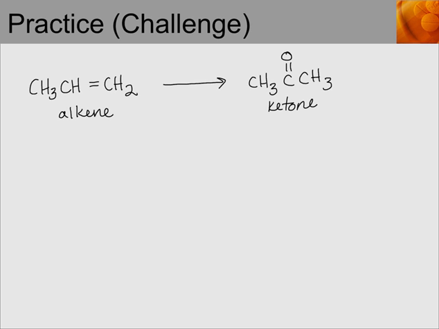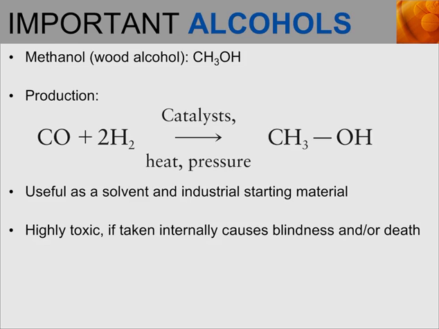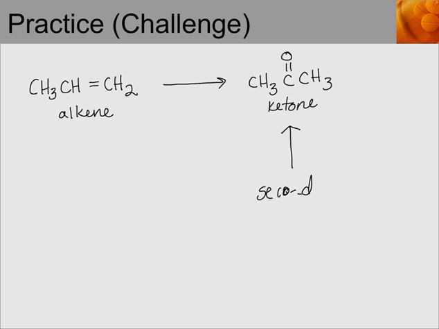Okay, so like we saw last time, to make a ketone, we're going to need a secondary alcohol, right? So let's just kind of work backwards. So we'll need a secondary alcohol.